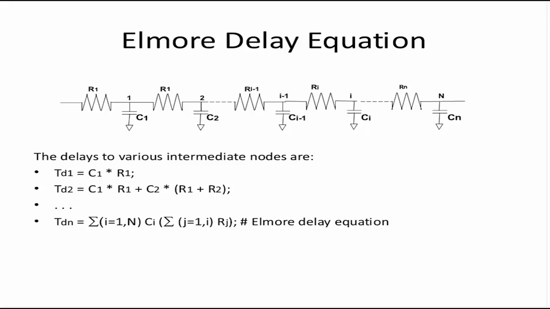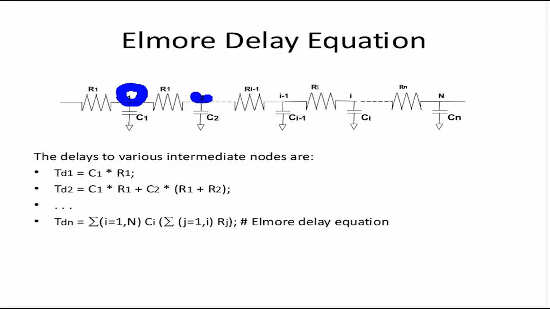the delay through the first section is C1R1. If we talk about the delay at node 1, it will be C1 times R1; at node 2 it will be C1 times R1 plus C2 times (R1 plus R2).